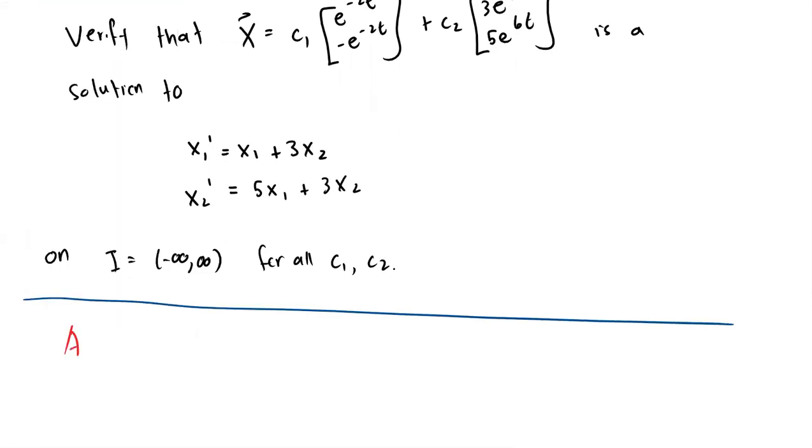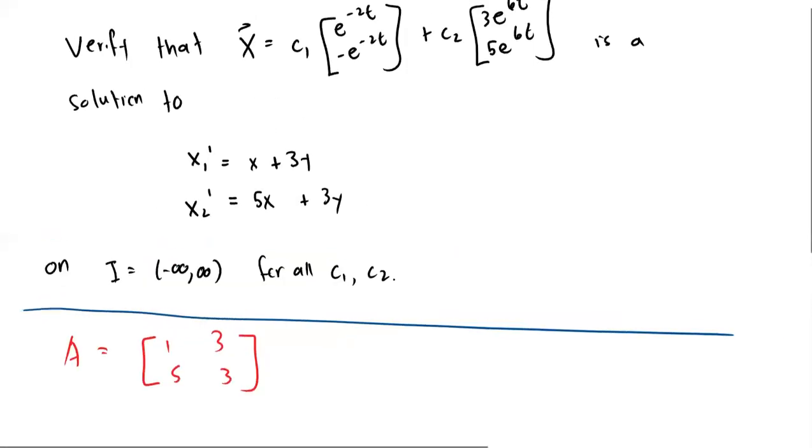But our A was given by 1, 3, 5, 3. And again, let me change the x1 and x2 to x and y because we're only using 2 variables. x, y, x, y. Okay, that's our matrix. So we're looking at the system.